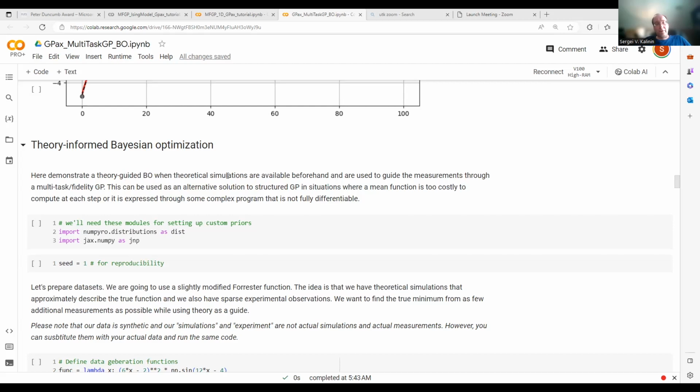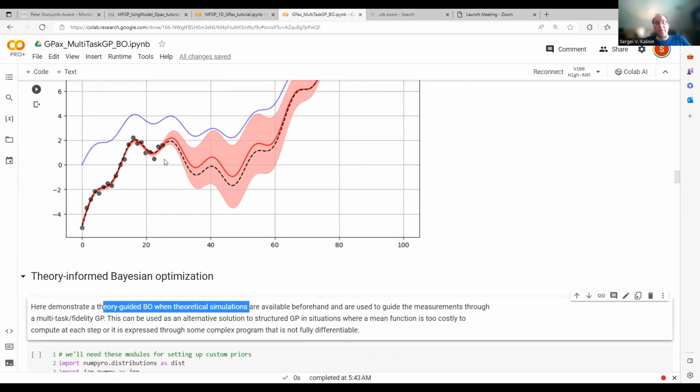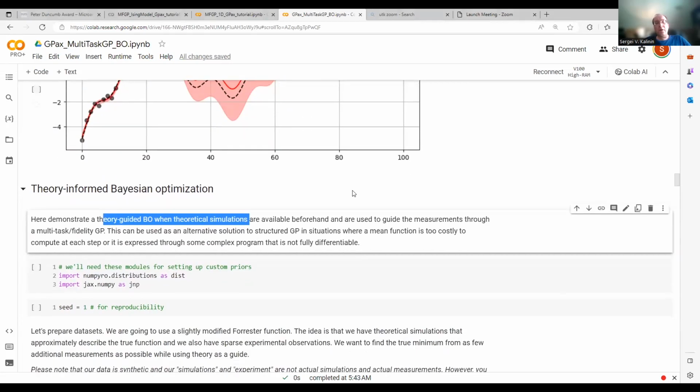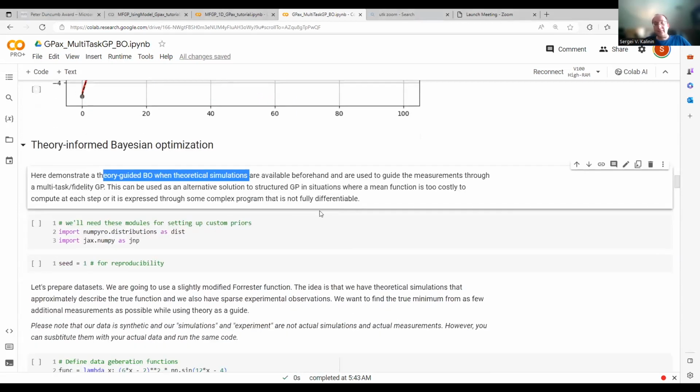We have the theory across the whole parameter space, and then we try to discover the experimental ground truth through active learning. So rather than trying to reconstruct it everywhere, we actually perform the measurement and update our model.